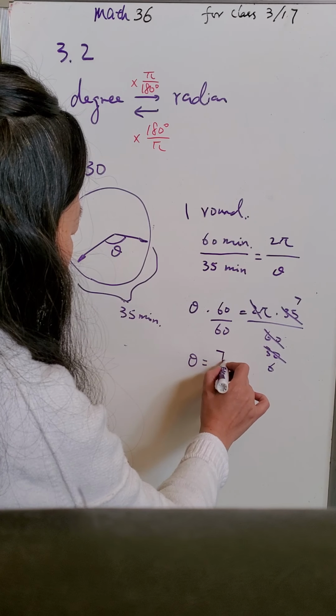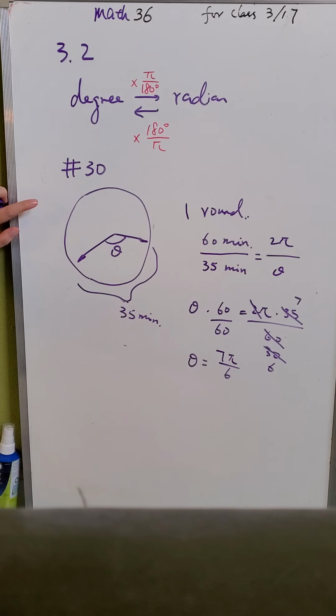So it's equal to 7 pi over 6. And that's how you do the problem. So that's for number 13.